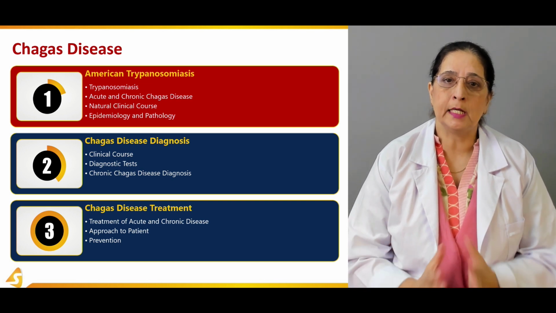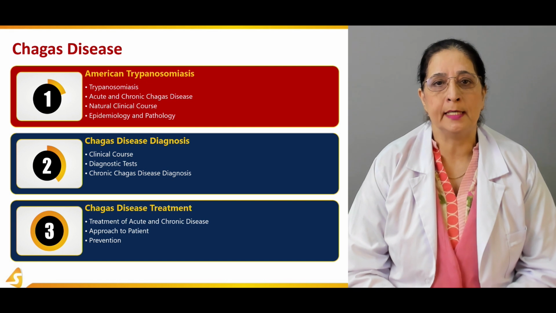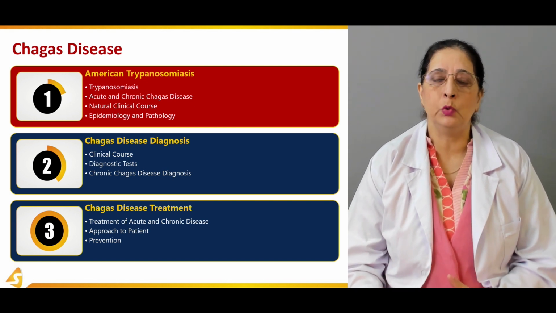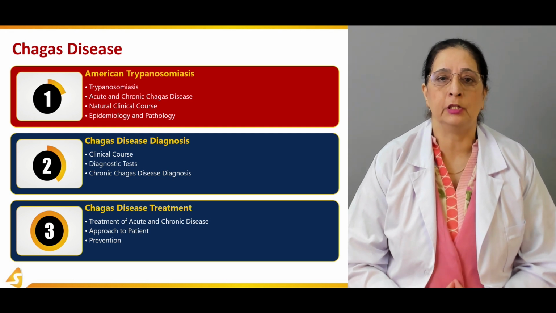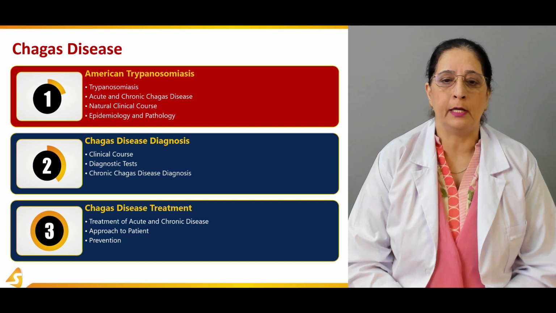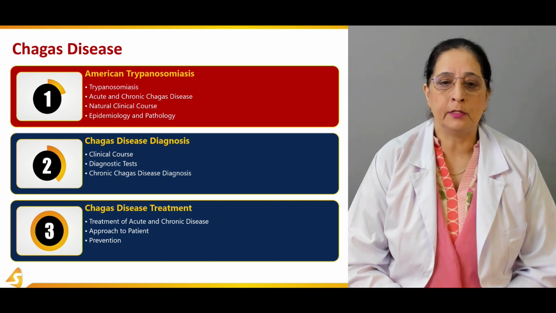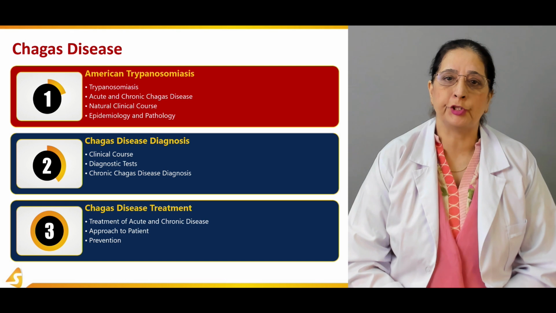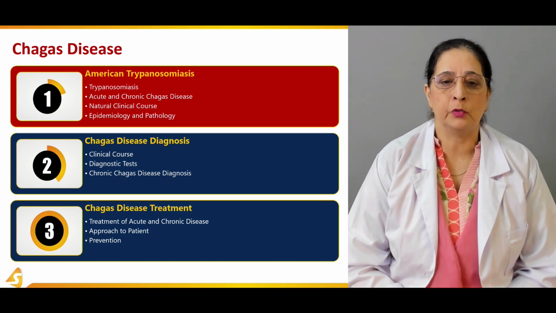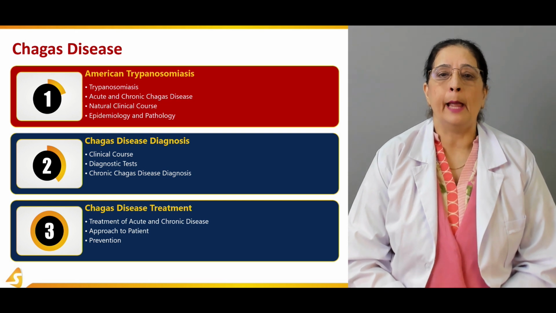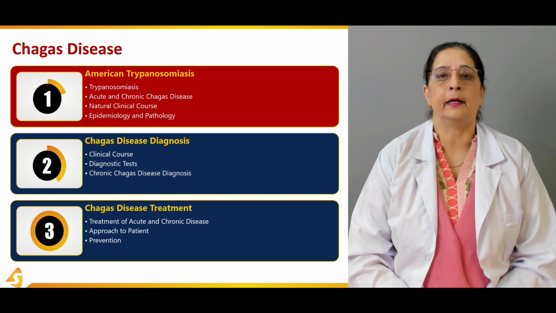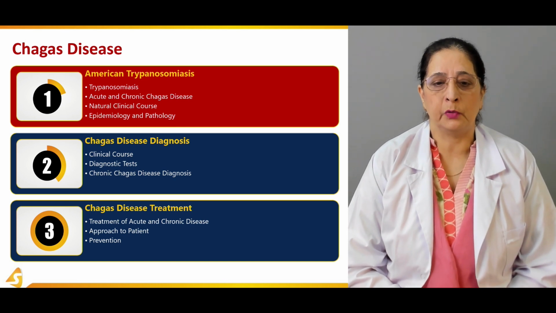So we will discuss what trypanosomiasis is, very important. Then the difference between acute and chronic infection, the natural clinical course of American trypanosomiasis, and then the epidemiology and pathology of American trypanosomiasis.